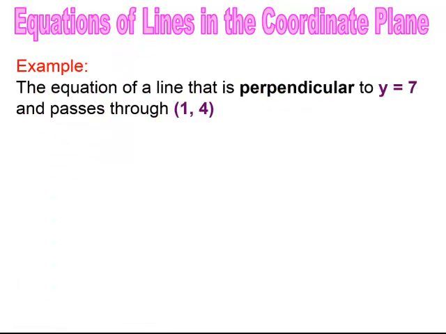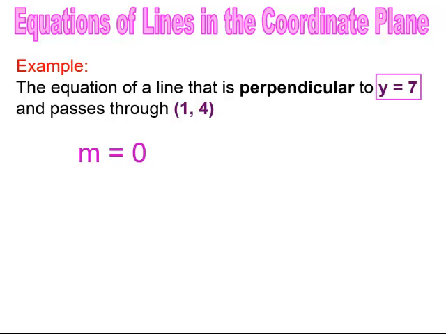So if you're given the equation of the line perpendicular to y equals 7 and passes through the point (1, 4), be careful here because remember, perpendicular means I have opposite reciprocal slopes. Well, the slope of the line for y equals 7 is equal to 0.